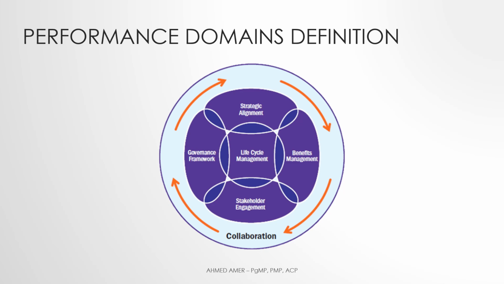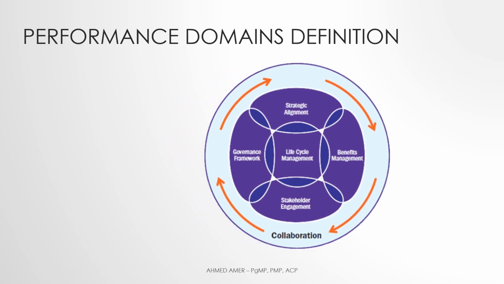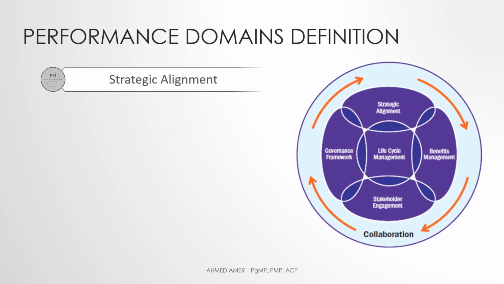The 6 domains interact with one another with varying degrees of intensity. The program management performance domains are strategic alignment, which identifies program outputs and outcomes to provide benefits aligned with organizational strategy, goals and objectives. This one is very important and critical. Why?